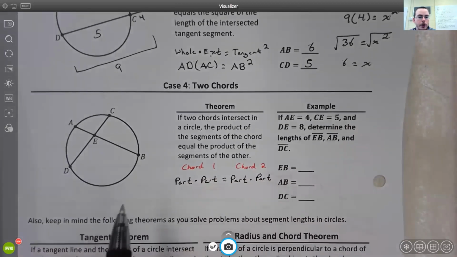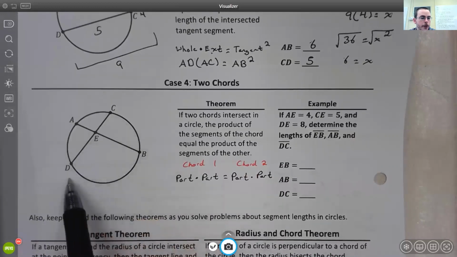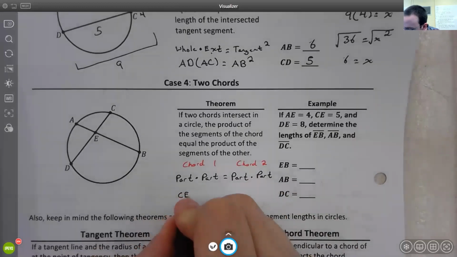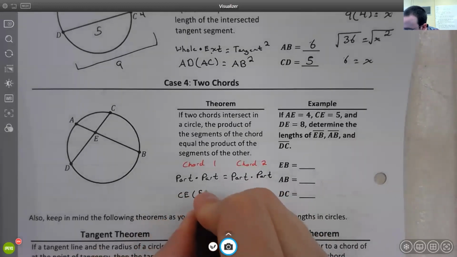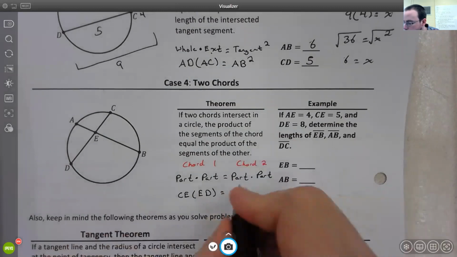So if we look at our diagram here, we're going to see that we have a chord CD, and the two parts of it are CE and ED. And then our other chord has parts AE and EB.